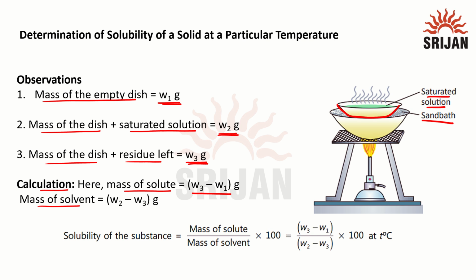The mass of the solvent will be W2 minus W3 grams. Now, how do we measure the solubility of the substance? It is the mass of the solute divided by the mass of the solvent, into 100. So, we can write (W3 minus W1) divided by (W2 minus W3), into 100, at T degrees Celsius.